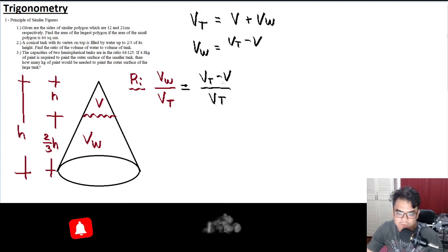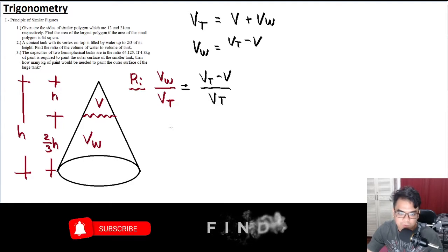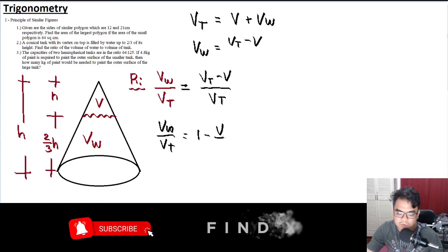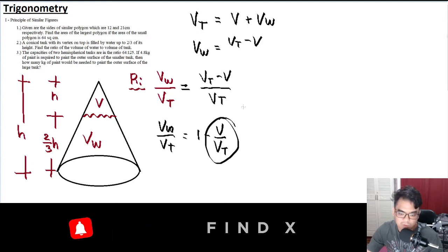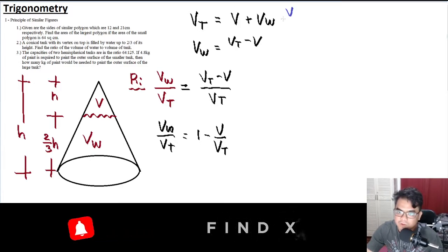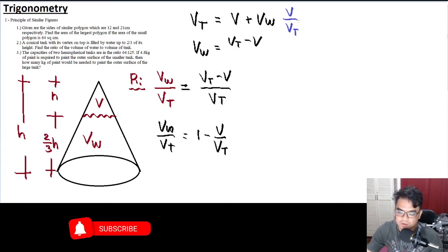If you split them, VW over VT is equal to VT over VT, which is 1, minus V over VT. We can find this one because they are similar triangles. So our aim is to find the value of V over VT, and then this problem should be already done.